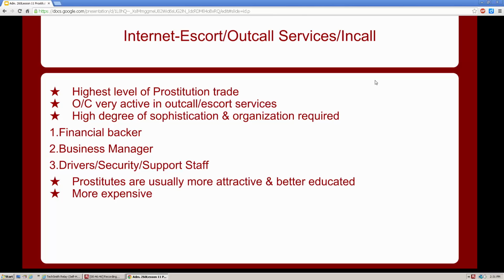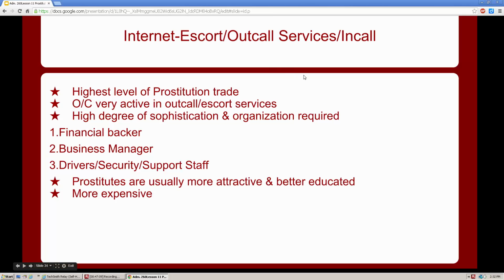Anything over $300, you start getting into higher class. Now, you start going to cities like New York, Chicago, LA. Some of these escorts will charge up to $1,000 an hour. It's ridiculous how much money they charge, but nevertheless, they're getting it. It's the highest level of prostitution in this type of trade.